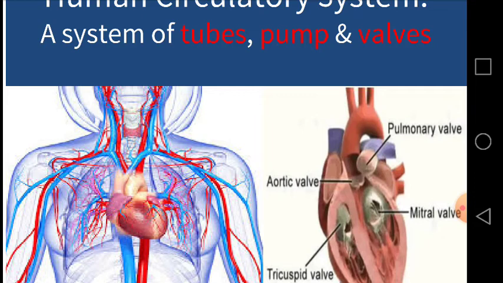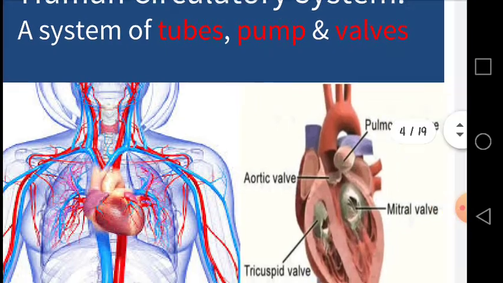Secondly, the largest vein in the body is the vena cava. In fact, there are two of these veins: the superior vena cava, returning deoxygenated blood to the right side of the heart from the head and neck region, and the inferior vena cava, which returns deoxygenated blood from the rest of the body.